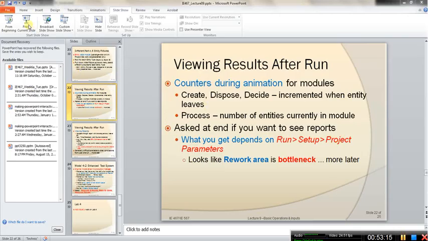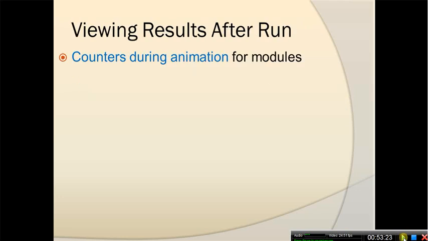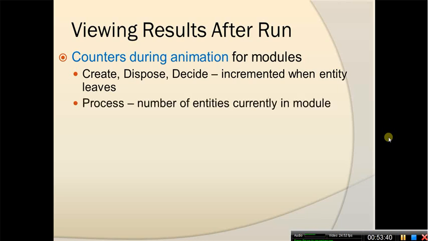So now you can see, right, we could view the results after the run. And so as I said, we can view the results after the run, and when we viewed it, right, we also saw counters during animation for modules, such as create, dispose, and decide, right, and incremented when the entity leaves.